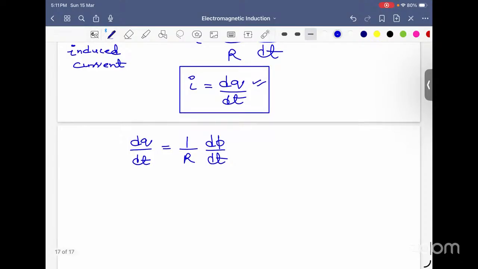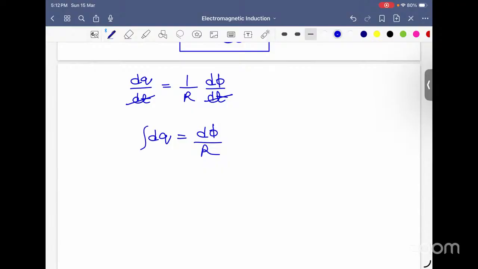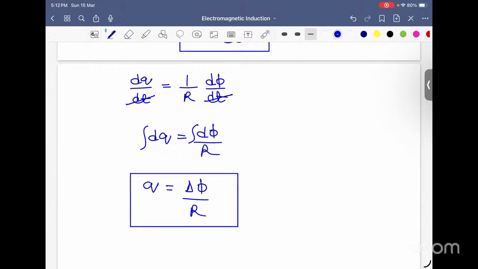Here we can cancel dt on both sides, so dq is equal to d phi by R. When we integrate this, we get q equals del phi by R. It does not depend upon time.